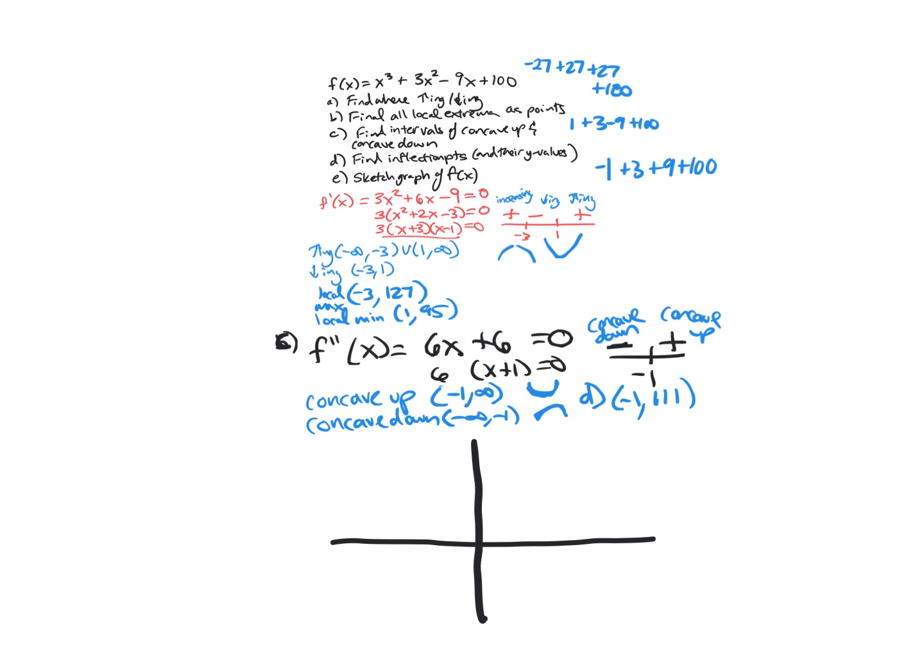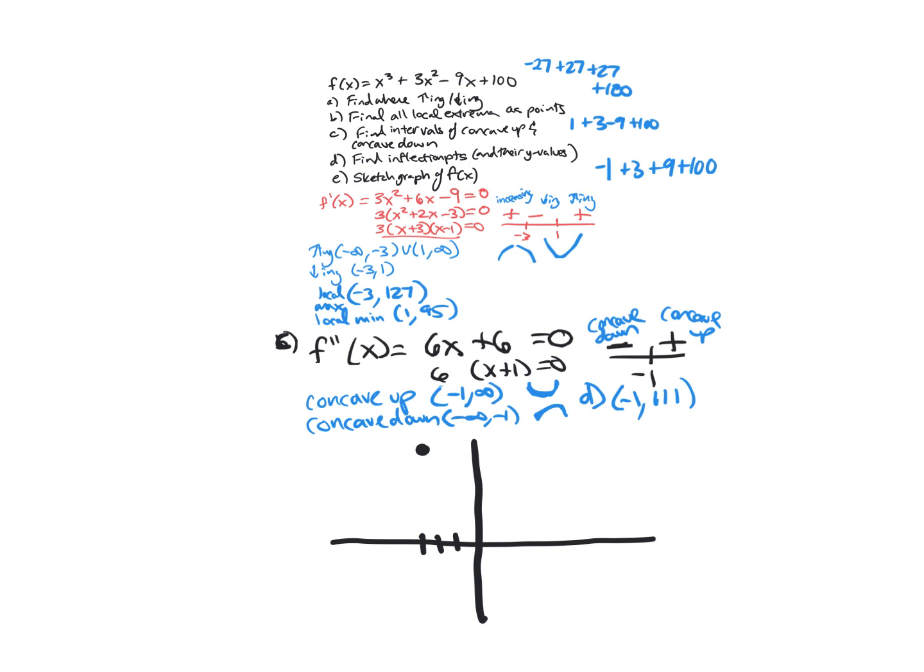So let's do the leftmost point. Let's plot the local max, which is at -3, and then up high at 127. That would be a max.